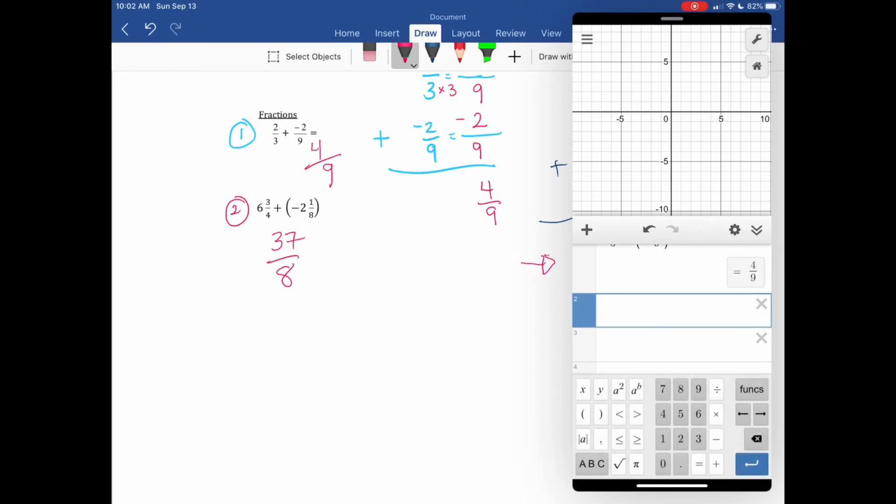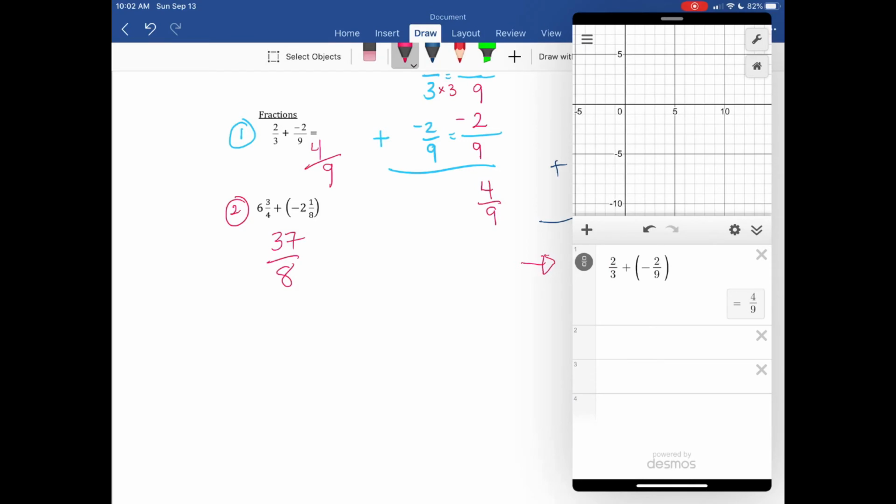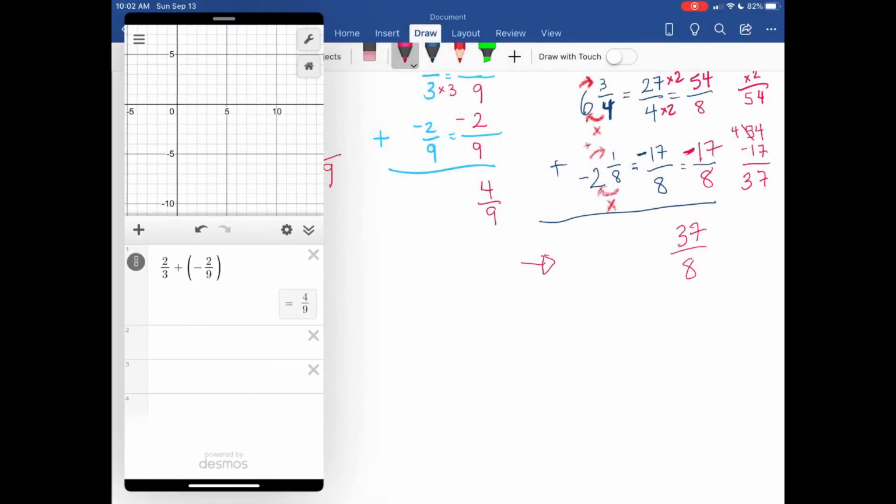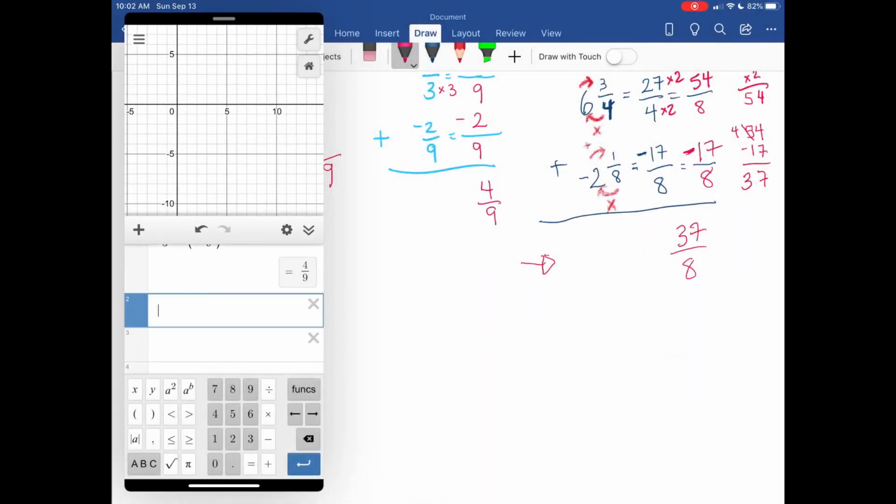So this other problem, I'm going to move this over in a second, is 6 3/4, which we rewrote as 27/4. So we can do 27 divided by 4. Let's do this one a couple of different ways. And then we said plus, and then negative something. Oh, here it is.